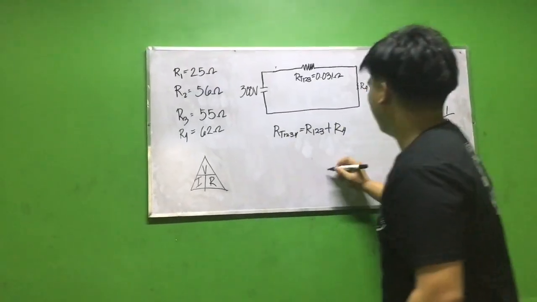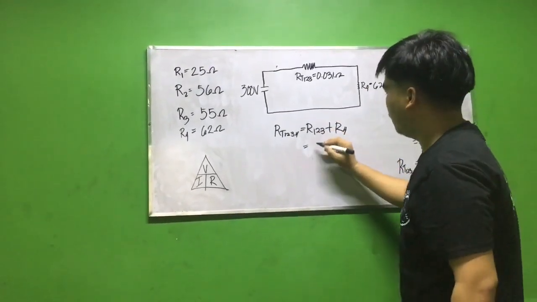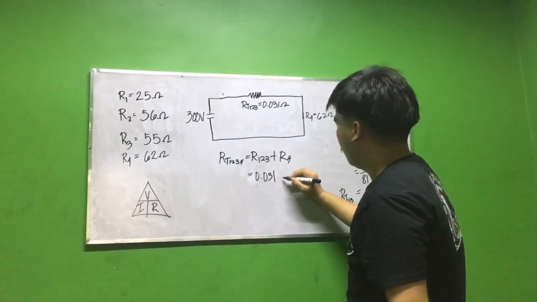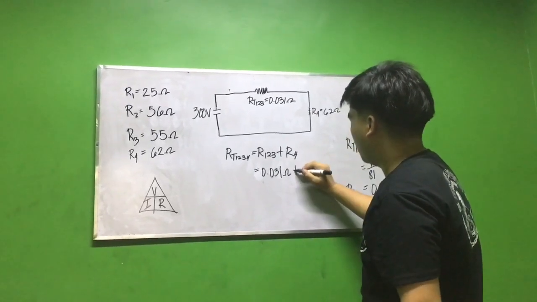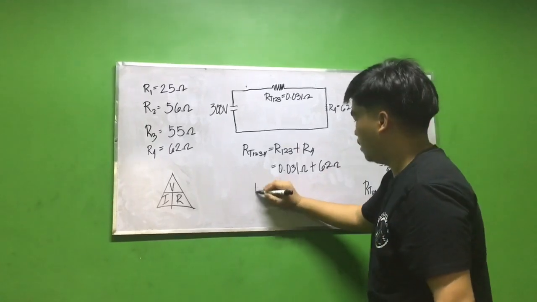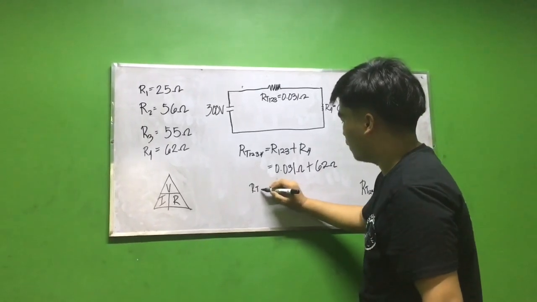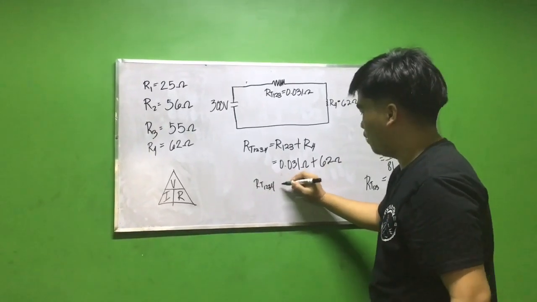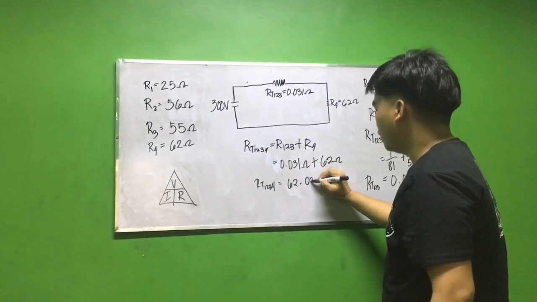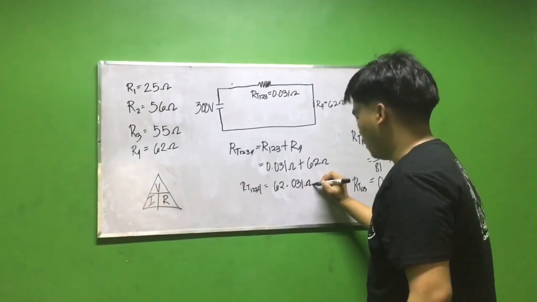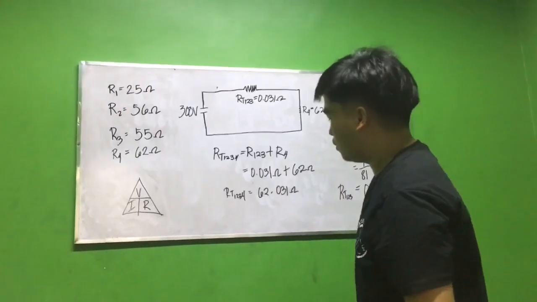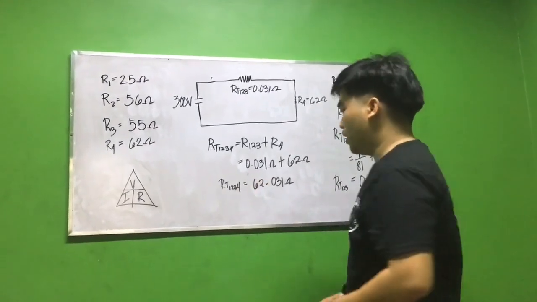So substitute the given: 0.031 ohms plus 62 ohms. So the R total of 1, 2, 3, and 4 is equal to 62.031 ohms. So now we have the total R of 1, 2, 3, and 4.